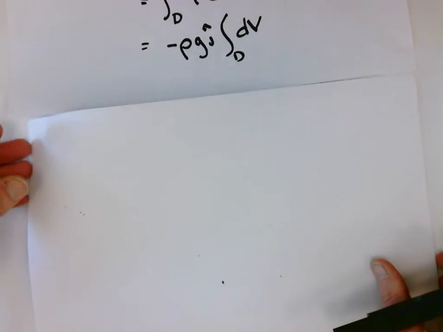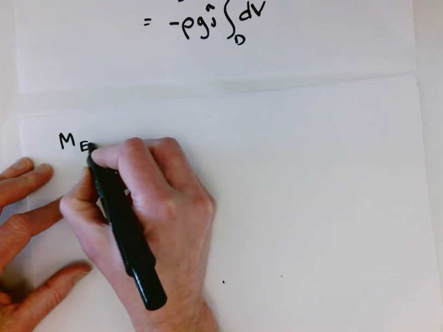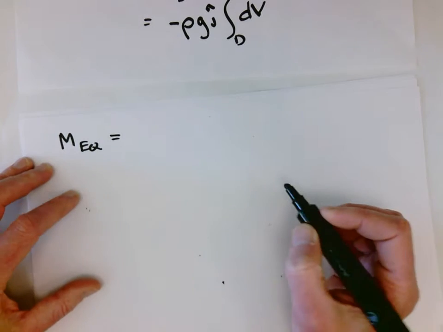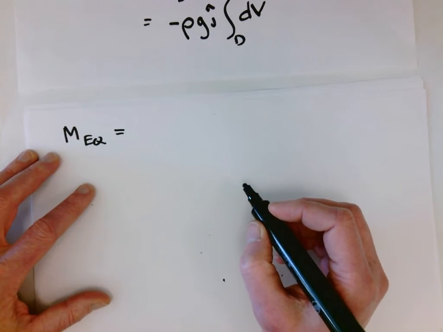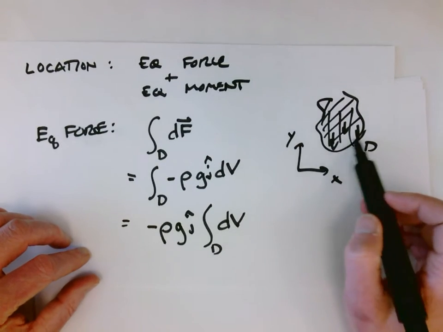Well, the equivalent moment here is simply going to be the moment that's generated by every single bit of gravitational force.